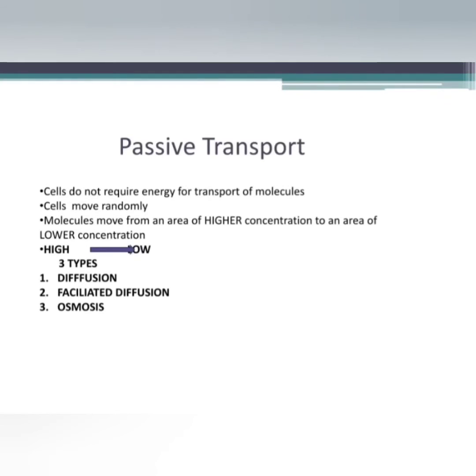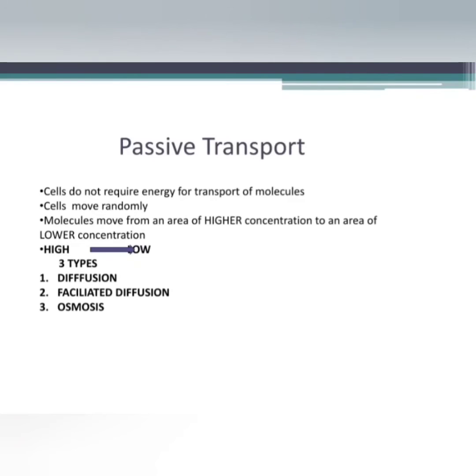The same is passive transport: the transport of molecules from an area of higher concentration, meaning outside of the cell there is more concentration of molecules as compared to the inside of the cell membrane. So molecules will move without expenditure of any ATP or any kind of energy.